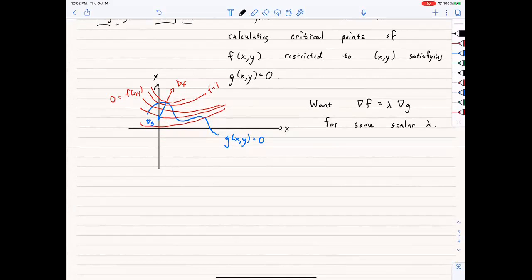So this is a theorem. We just summarize this in this theorem, the main theorem in this section of the book.